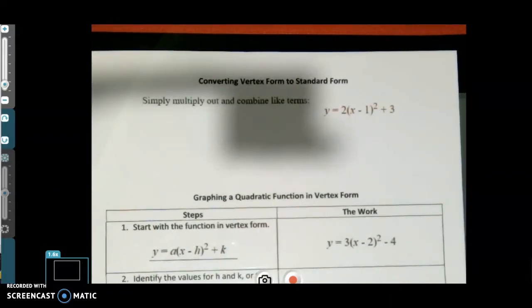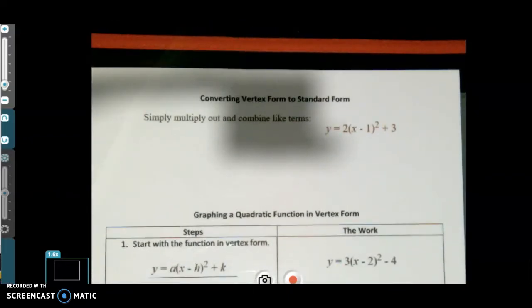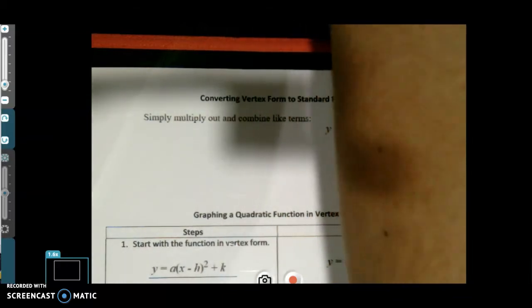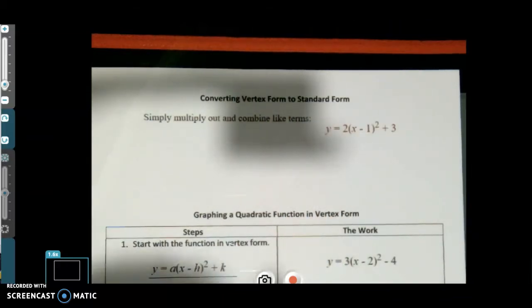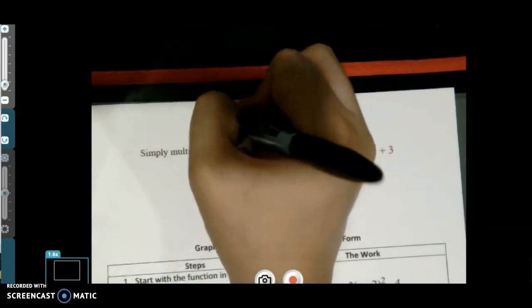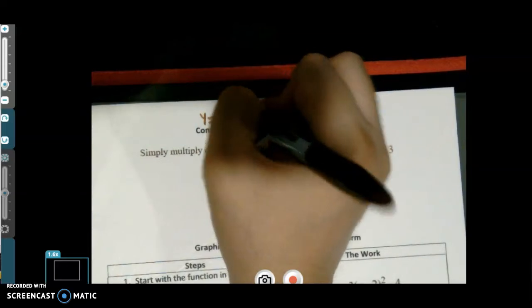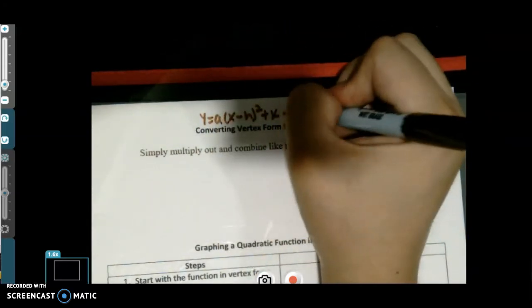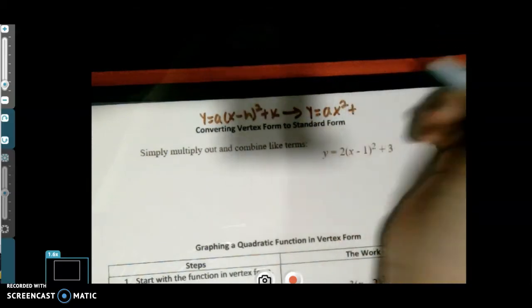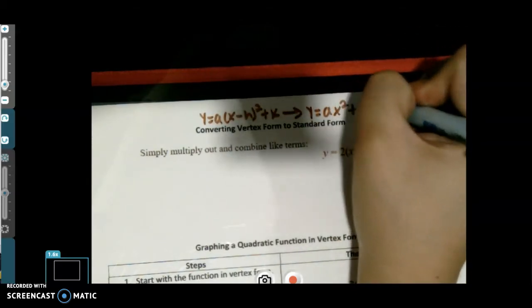All right, now this is the last part of our lesson for today. Okay, so now we're going to reverse it. So now you're converting from vertex form, meaning you're converting from y equals a parentheses x minus h squared plus k, to your standard form, y equals ax squared plus bx plus c.